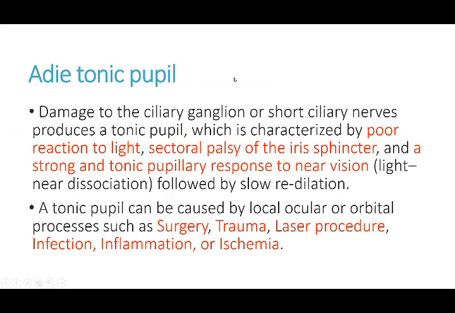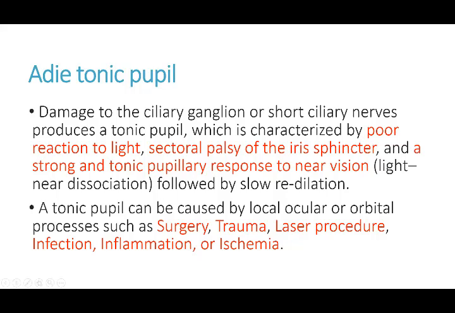We also talked about Adie's tonic pupil. Damage to the ciliary ganglion or the short ciliary nerves produces a tonic pupil, which is characterized by poor reaction to light, sectoral palsy of the iris sphincter, and a strong tonic pupillary reflex to near vision. Near vision is not disturbed.